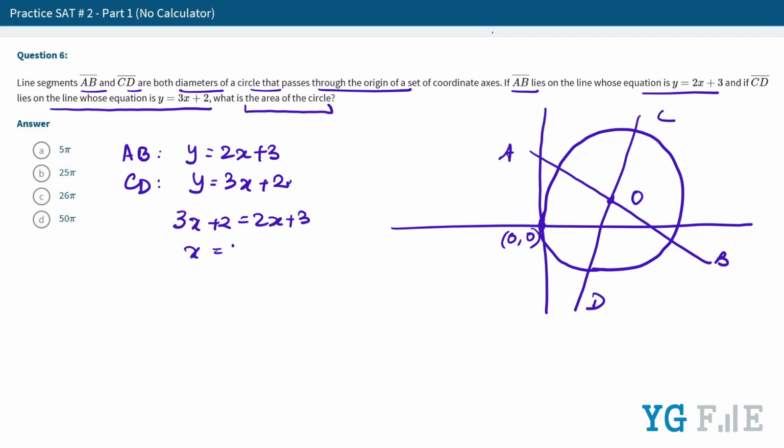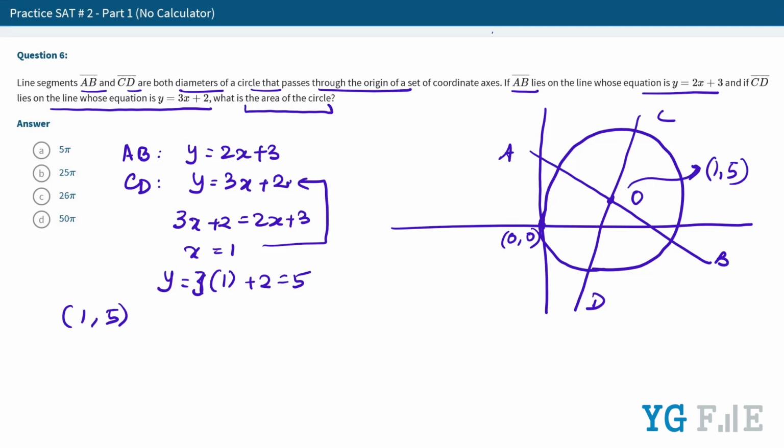So we get x = 1. We now substitute this x back into one of the equations here, and we get 3 times 1 plus 2, which is 5. So the center is (1, 5). This is the coordinates of the center.